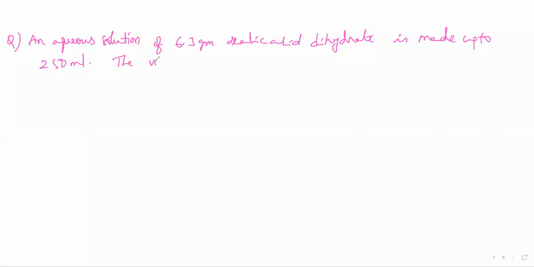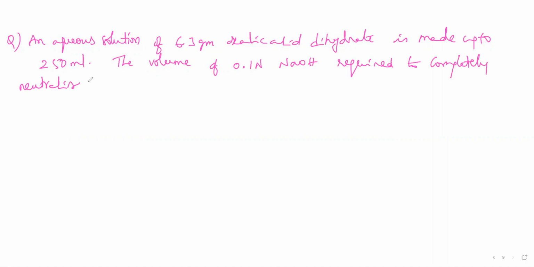Then the volume of 0.1 normal NaOH required to completely neutralize 10 ml of this solution is.